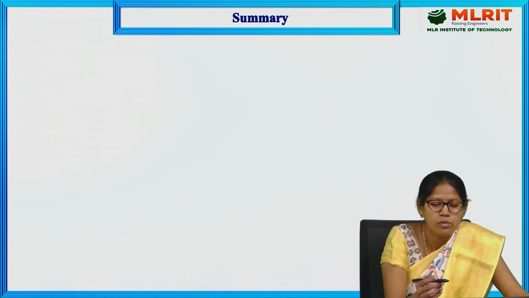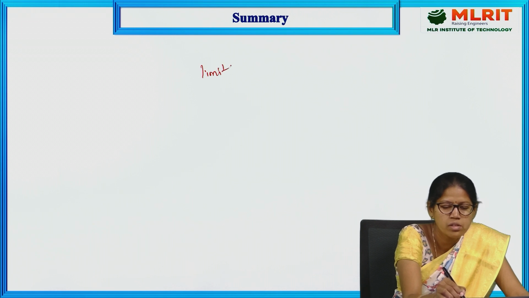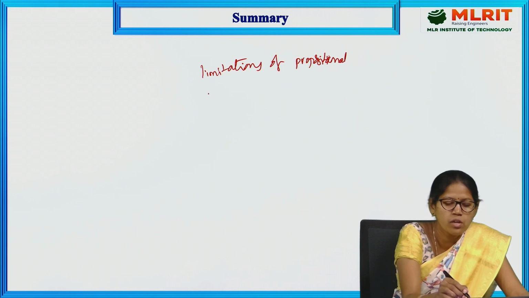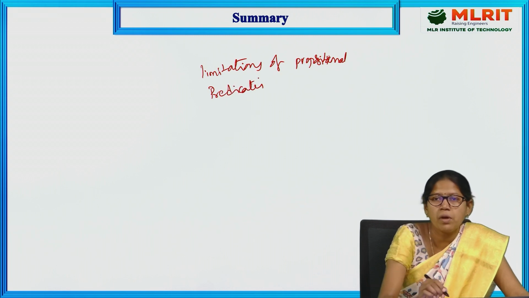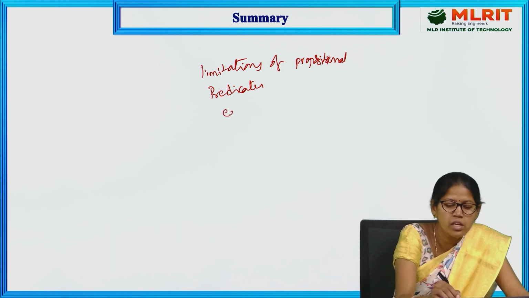In today's session, we have seen the limitations of propositional logic, and we have seen predicate logic, how to symbolize statements in predicate logic, and we have seen the equivalence laws.